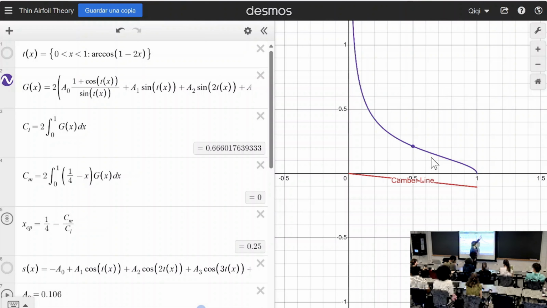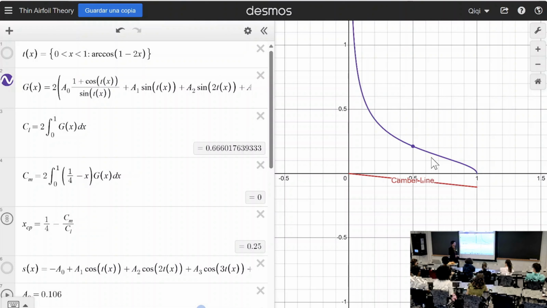And if you want to integrate this whole thing under this purple curve, that's how you get the result 2 pi. Okay, pitching this camber line by epsilon, so essentially changing A0 by epsilon, gives you a purple curve whose area underneath is 2 pi epsilon.